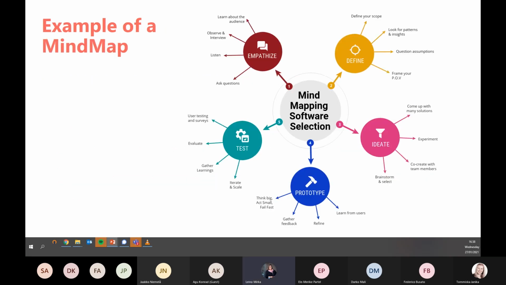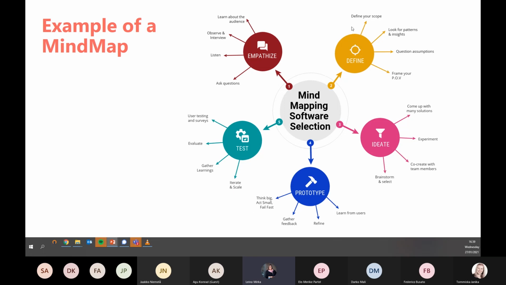I can show you one example. This is an example of a mind map, not for this assignment, but in general, you know, there are 3 levels. This is the first level. This is the heading of the mind mapping software selection, and then there are ways to select or do when we are doing the selection, and then the third level, how the defining is done, how the ideating is done, how the prototyping is done, and so on.